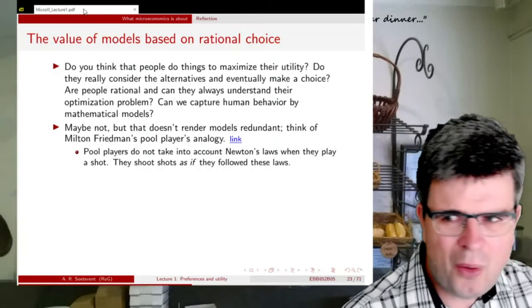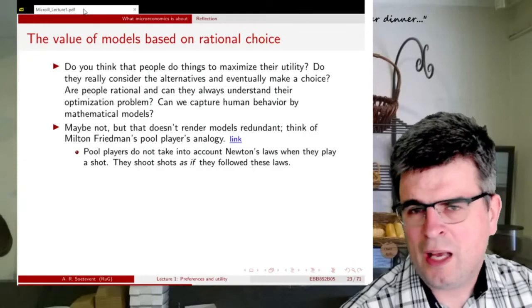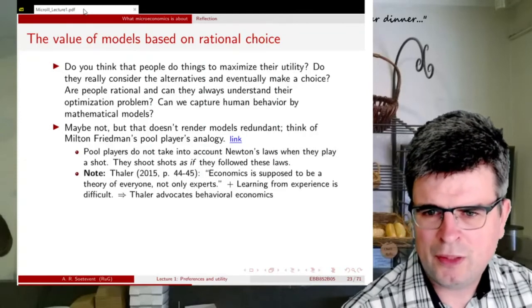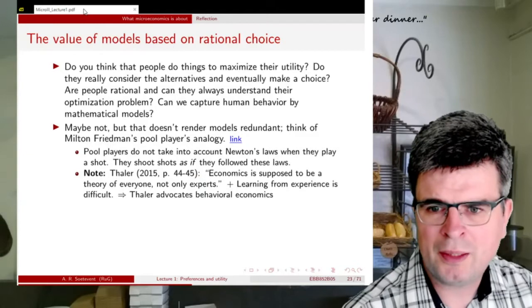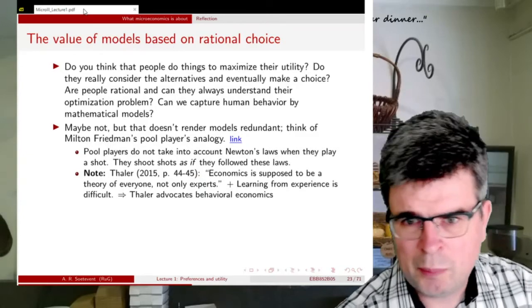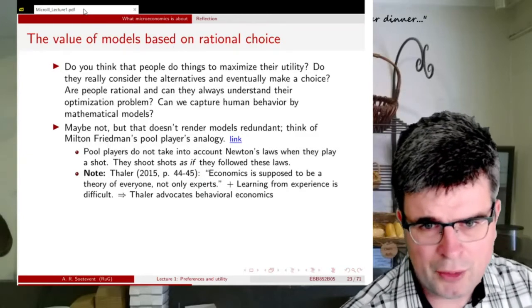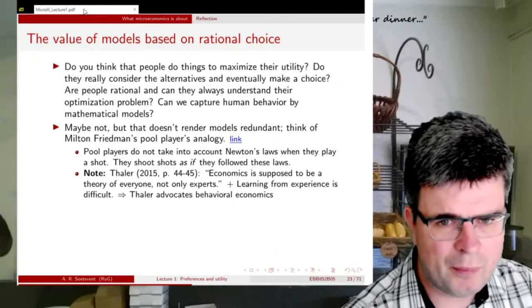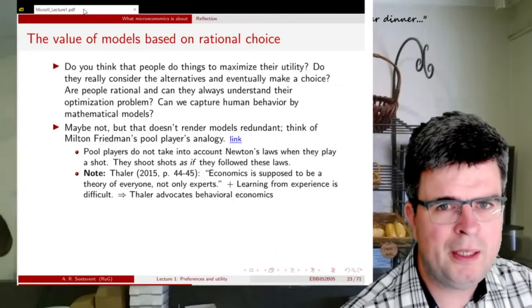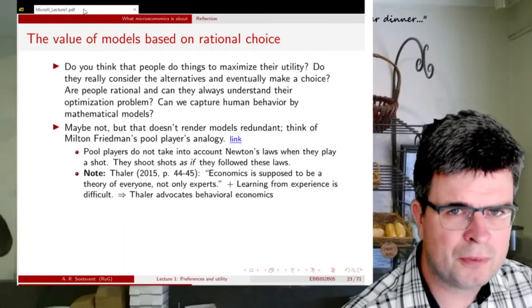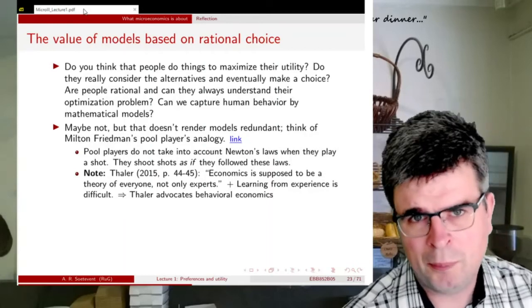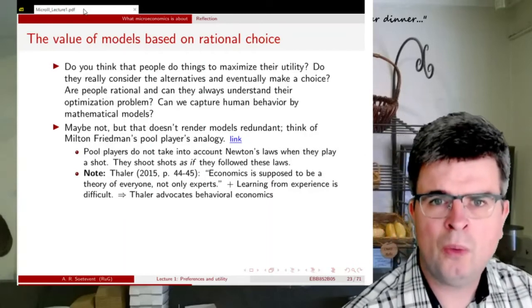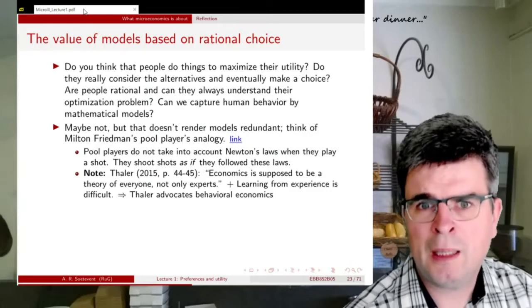Now, there's been a long discussion about this analogy, and I want to give you a couple of comments on it. So Richard Thaler, who won a Nobel Prize more recently in behavioral economics, said, well, economics is supposed to be a theory that describes the behavior of most people, all people, and not only the experts. And the pool players in this example are experts.